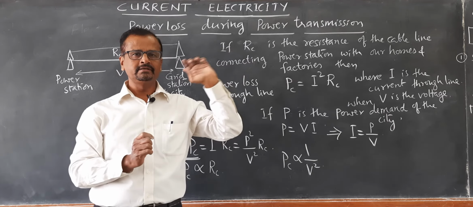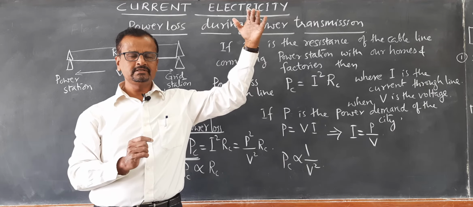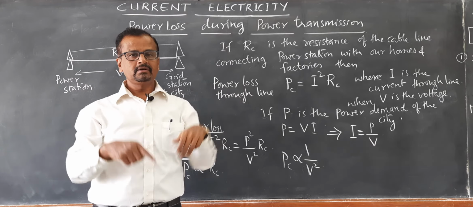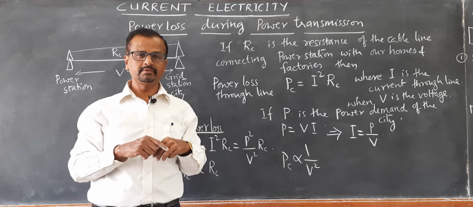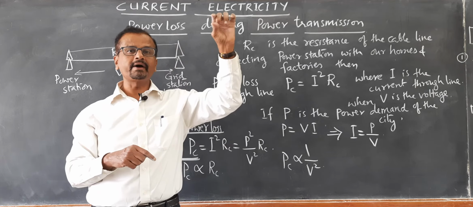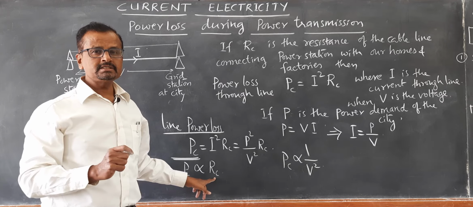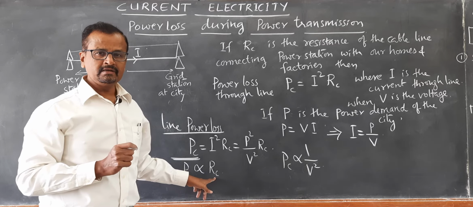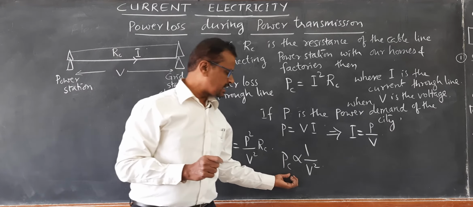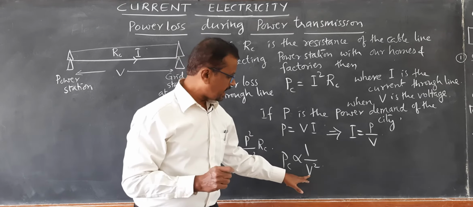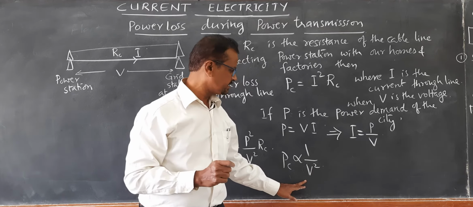That's why you must have seen the long distance lines drawn through your fields on high tower pillars, with thick wires. Thicker the wires, larger is the cross sectional area, less is the resistance. This is one option. The second option is to transmit the power at high voltage. If you transmit the power at high voltage, then what happens?